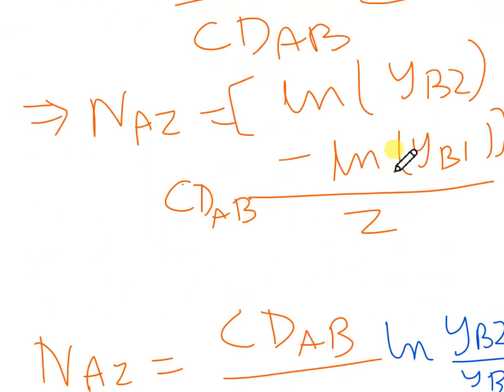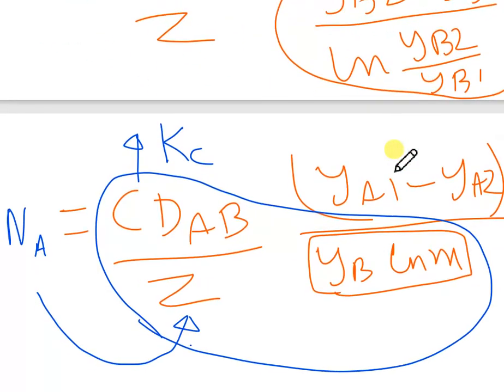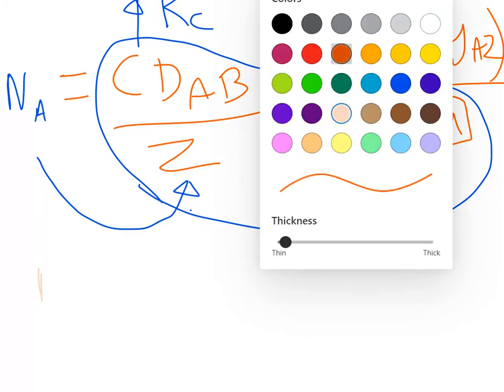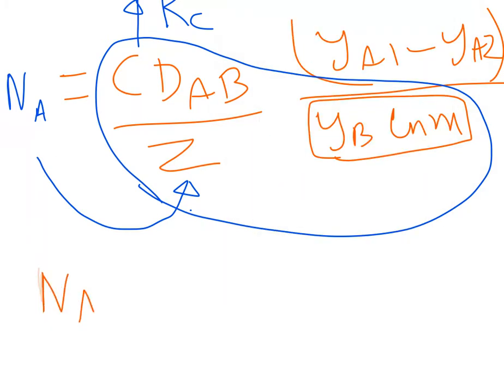So if we multiply flux with area, that gives you moles, isn't it? So we have NA times area, and that becomes the mole rate, the moles of liquid leaving per unit time.